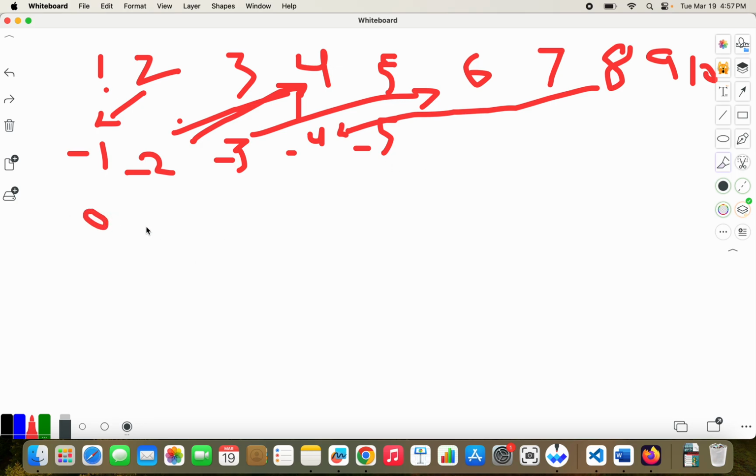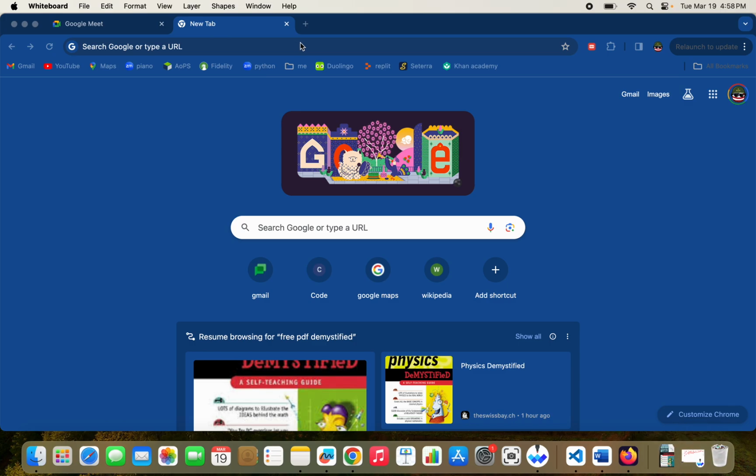Well, actually, this is also a part of the integers. Oh yeah, 0. What happens with 0? Oh shoot, what happens with 0? Okay, let's not think about that right now. Is 0 an integer? Yeah, 0 is an integer.